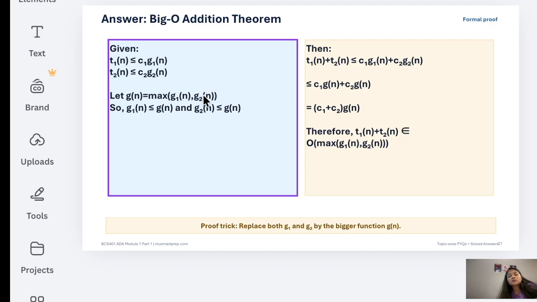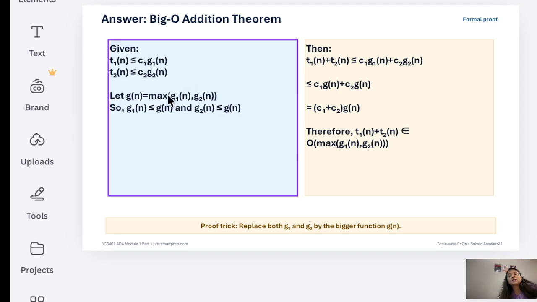So we are going to select the bigger term from these. That is nothing but the max among these two; whichever is the bigger term is going to be the g of n. So here I am going to write g1 of n is less than or equal to g of n and g2 of n is less than or equal to g of n.